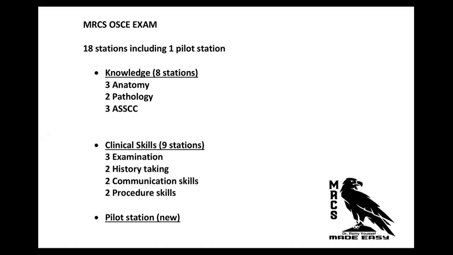You have to go for the patient, you have to do about 15 to 20 tests by heart successively without stopping. Okay? It's very important in examination and procedure skills. History and communication are the same. All these 4 types of stations, you have to be well trained, and you have to start as early as possible.